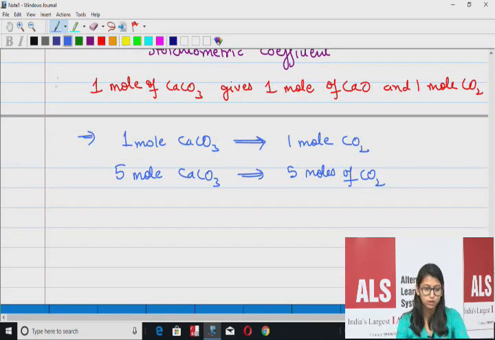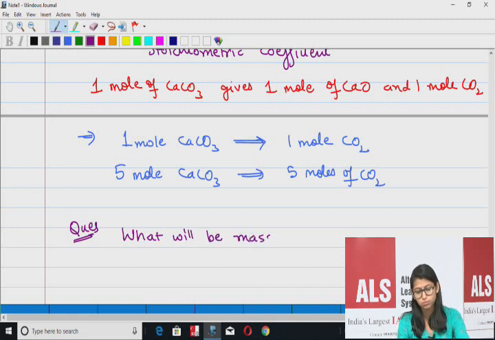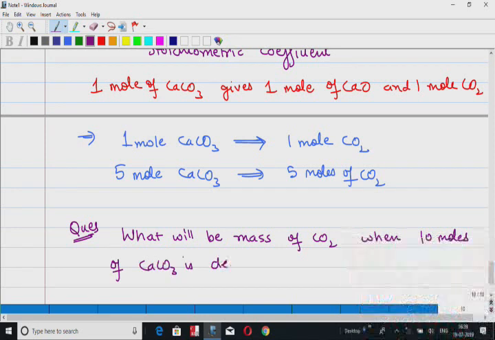Okay, now you people try one question. What will be the mass of CO2 when 10 moles of CaCO3 is decomposed?